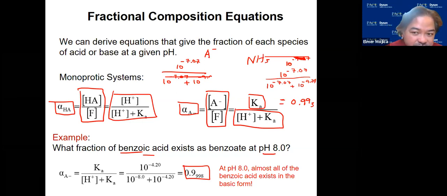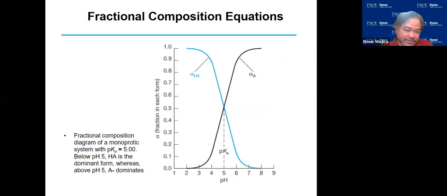At pH 7.7, almost 99% of the ammonia is in the ammonium form. And if we're going to look at the plot or the graph of it, it's like this one. So that's how you have it if it's a monoprotic acid.